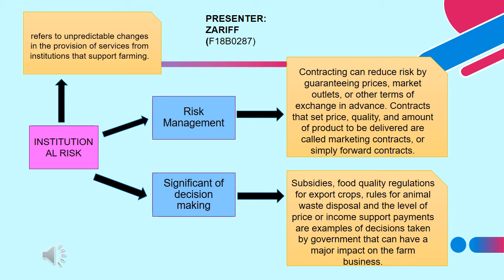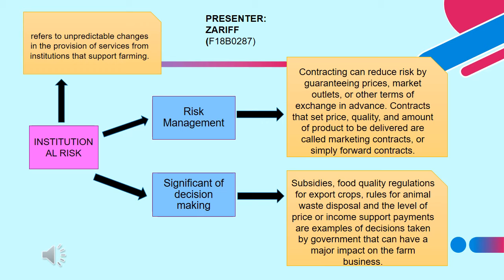Institutional risk refers to unpredictable change in the provision of services from institutions that support farming. For risk management, contracting can reduce risk by guaranteeing price, market outlets, or other terms of exchange in advance. Contracts that set price, quality, and amount of product to be delivered are called marketing contracts or simply forward contracts.